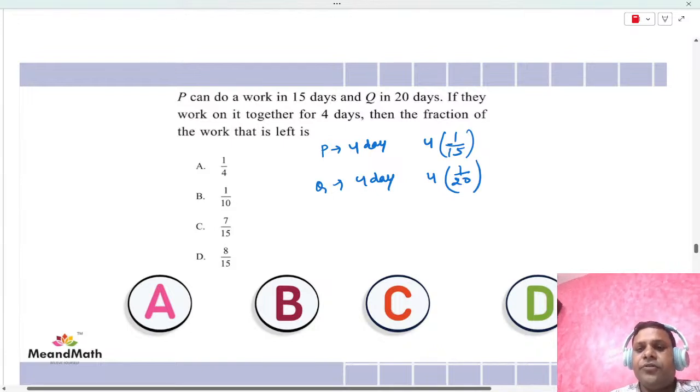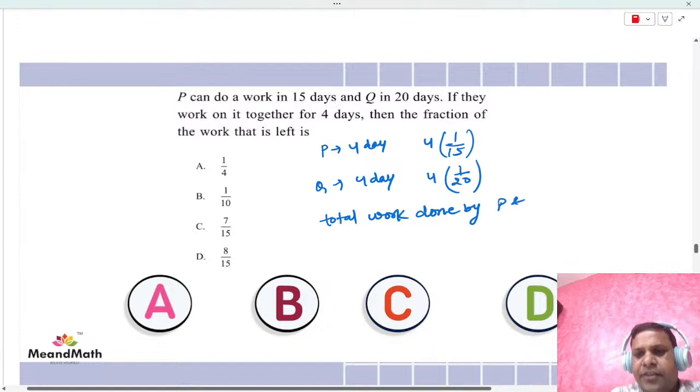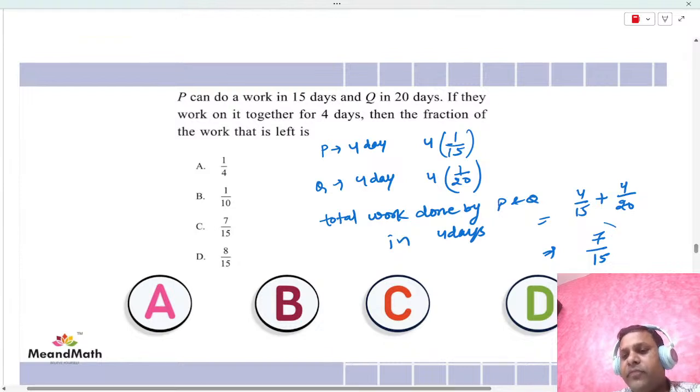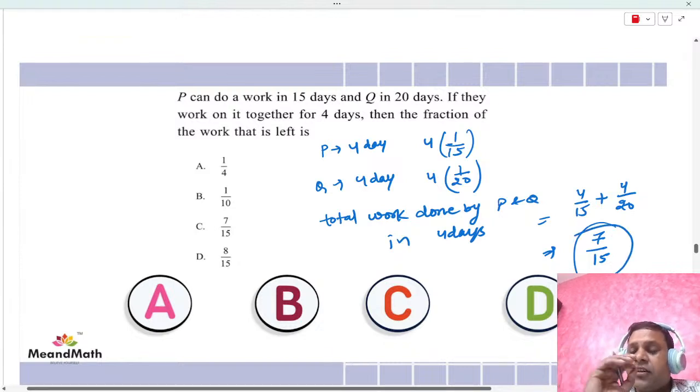Total work done by P and Q in 4 days is 4 by 15 plus 4 by 20. After solving, you will get 7 upon 15 completed.